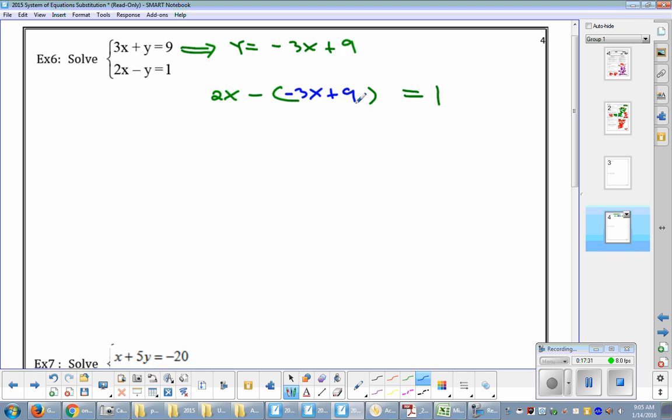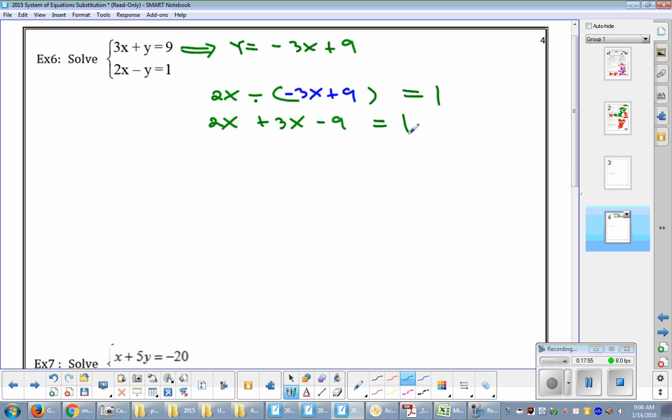Okay. Now you have a negative before the parentheses, so what we have to do here is to distribute your negative to both negative 3x and positive 9. So negative of negative 3x will give us positive 3x, and negative of positive 9 will give us a negative 9, equals 1.